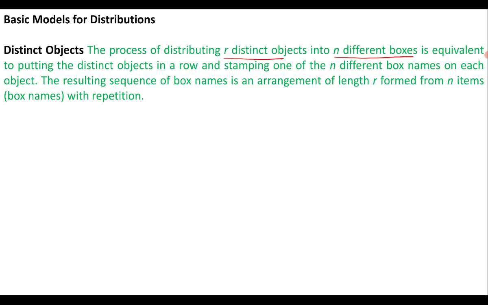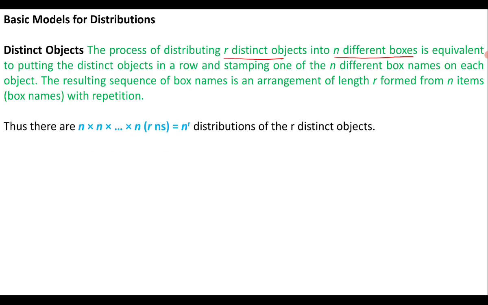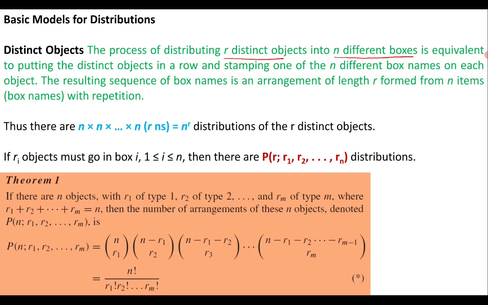If there are 100 diplomats, you write them in a row, and to each one you stamp, let's say, first one is C1, the next one is C2, then C1, then C3, and so on, and that gives you the total possibilities, which is n raised to the power r. And the other case which we have discussed is if Ri objects go in box i, then it is the problem of arrangement with repetition.